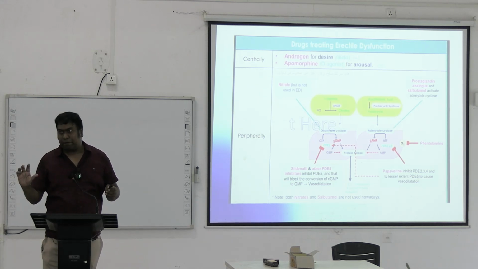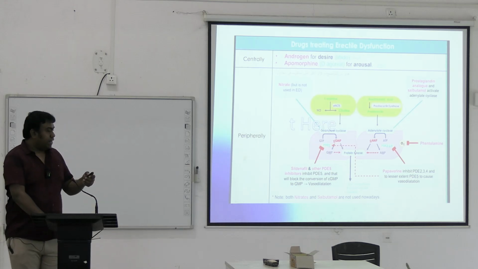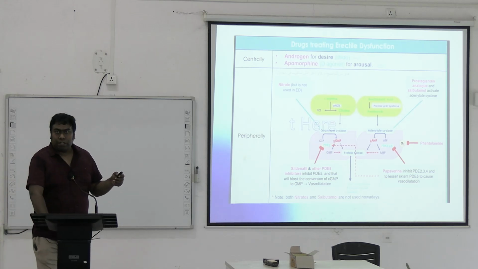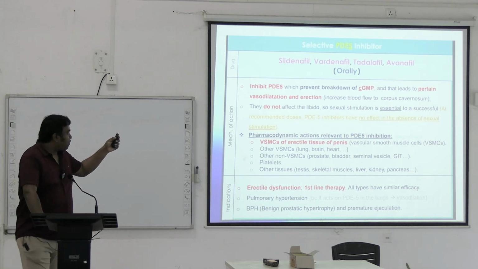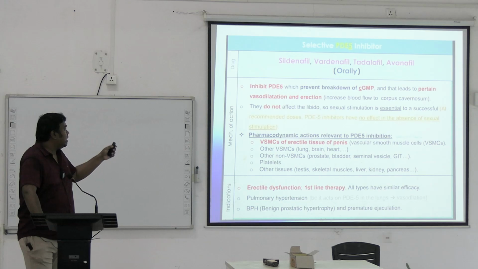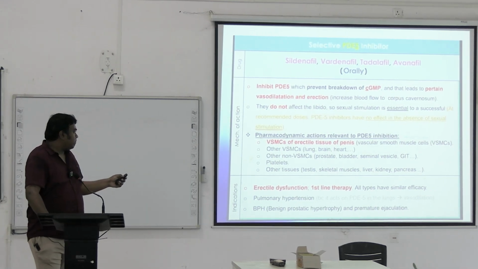They block the venous drainage of the penis, which reduces erectile dysfunction. Phosphodiesterase 5 inhibitor, cGMP, vasodilation. It is the first line therapy.